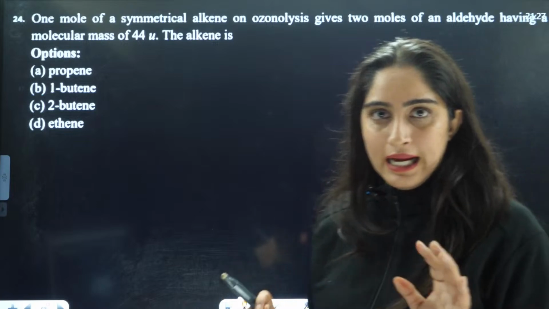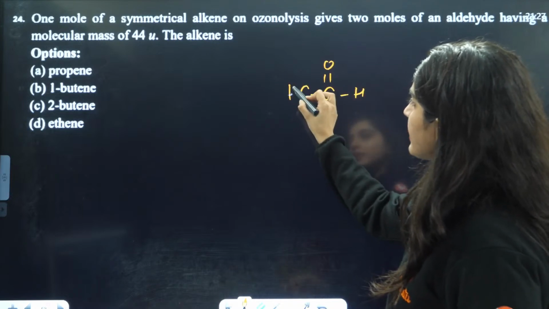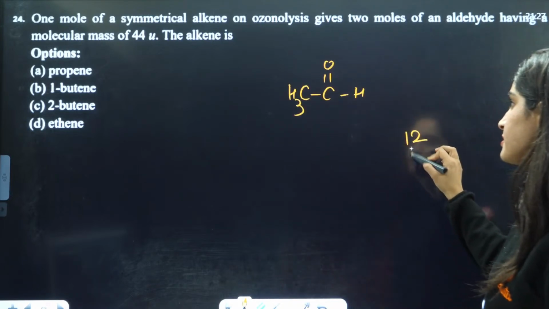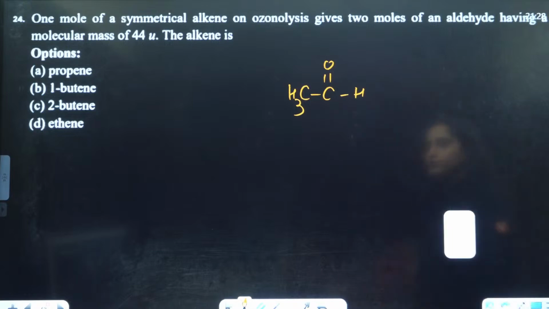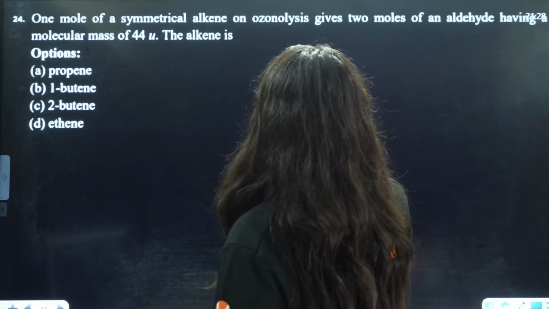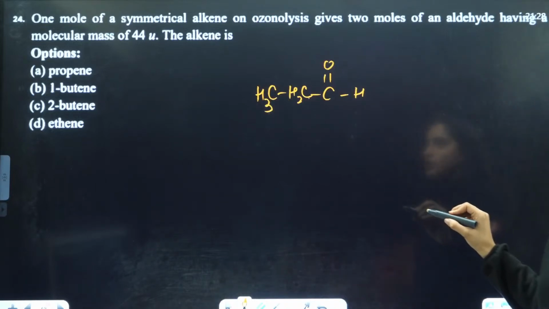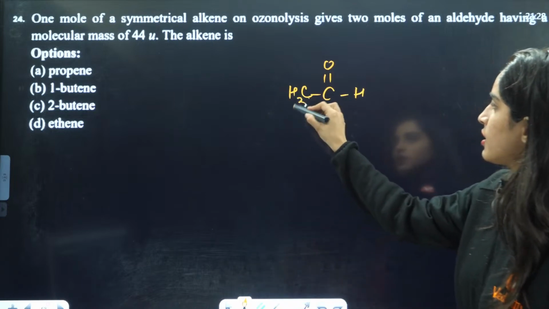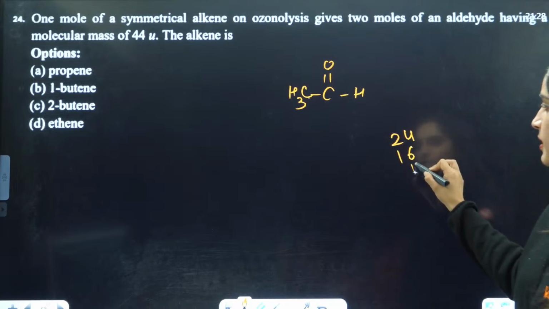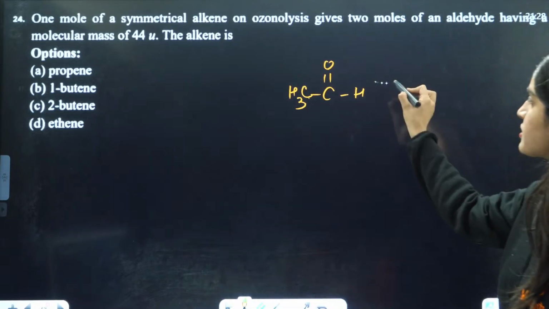If you talk about an aldehyde having mass 44, let's draw this. CH3 is 12 plus 3, CHO is 12 plus 16 plus 1, so the total comes to 15 plus 29, that is 44. So this aldehyde has mass equal to 44.